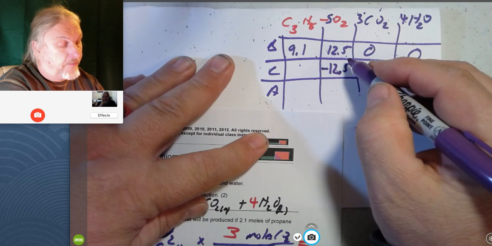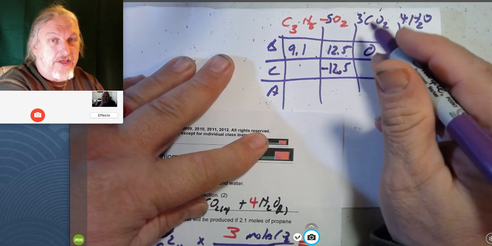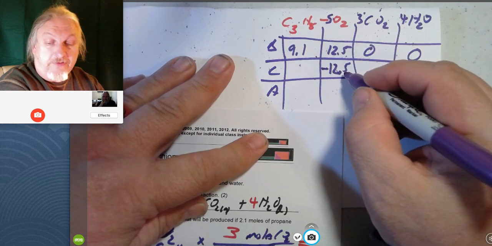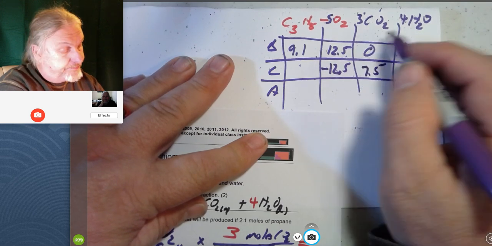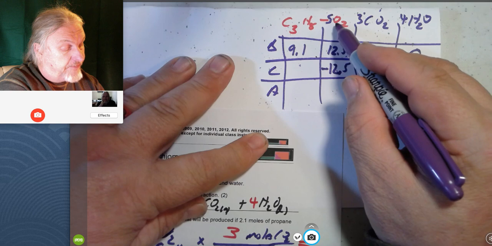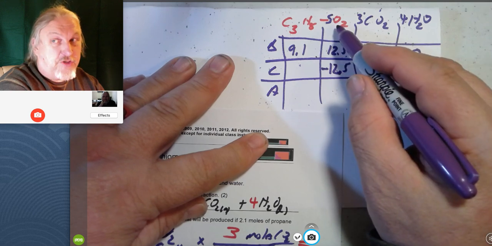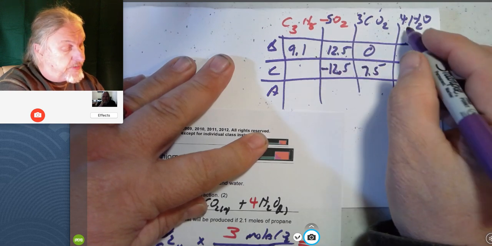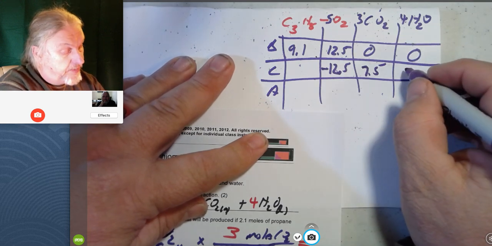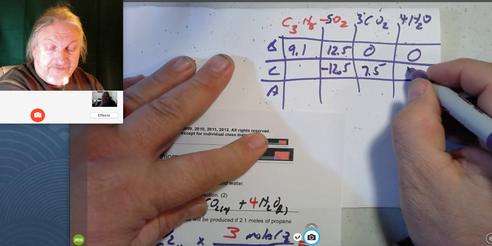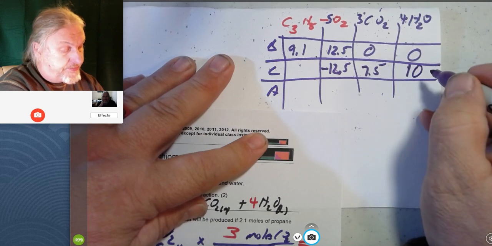So I don't have 1 mole of oxygen, I have 12.5. So 3/5 of 12.5 is 7.5 moles. For every mole of oxygen, I'm going to produce 4/5 mole of water. 4/5 of 12.5 is 10 moles.